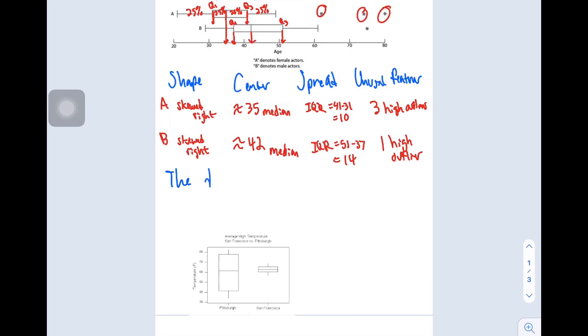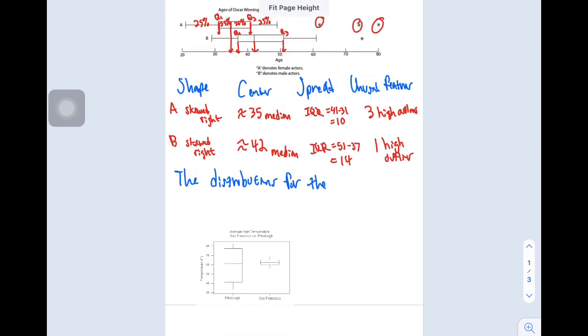The distributions for the male and female ages of Oscar winning actors are both skewed right.